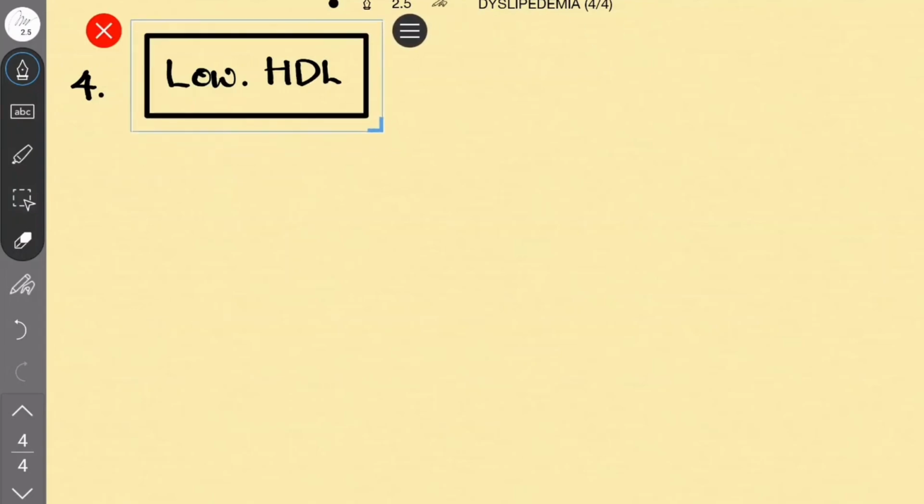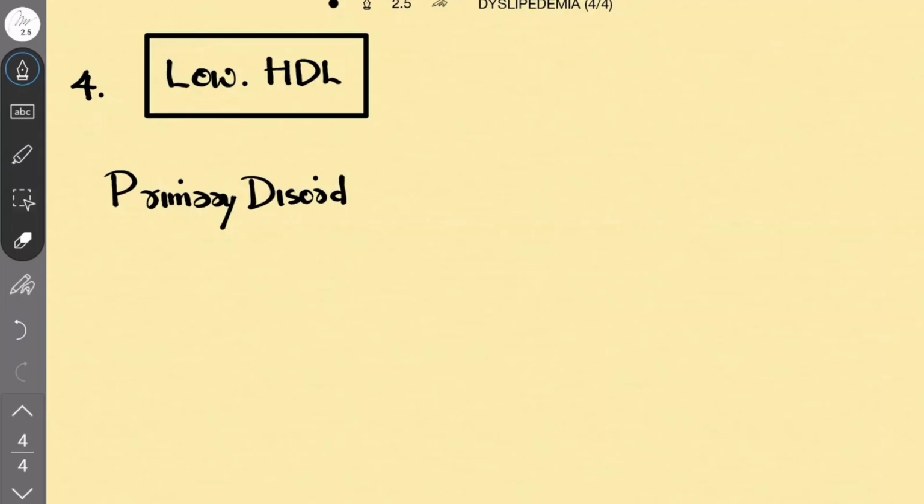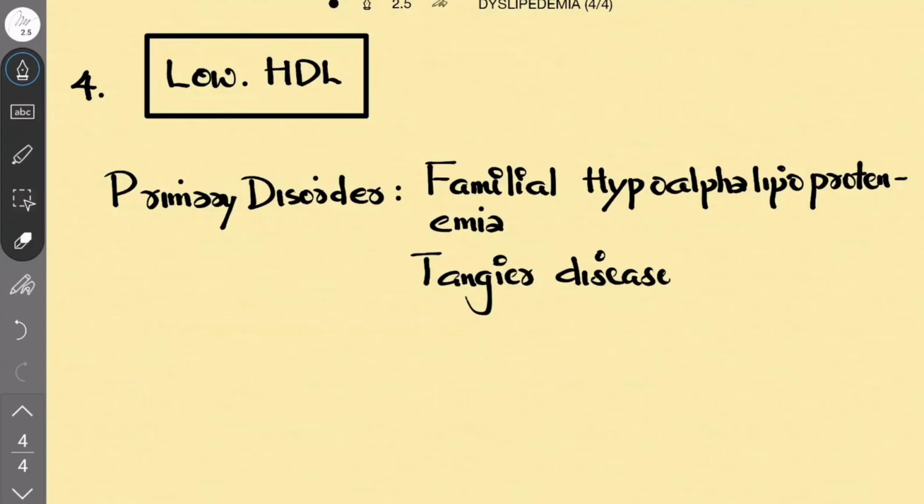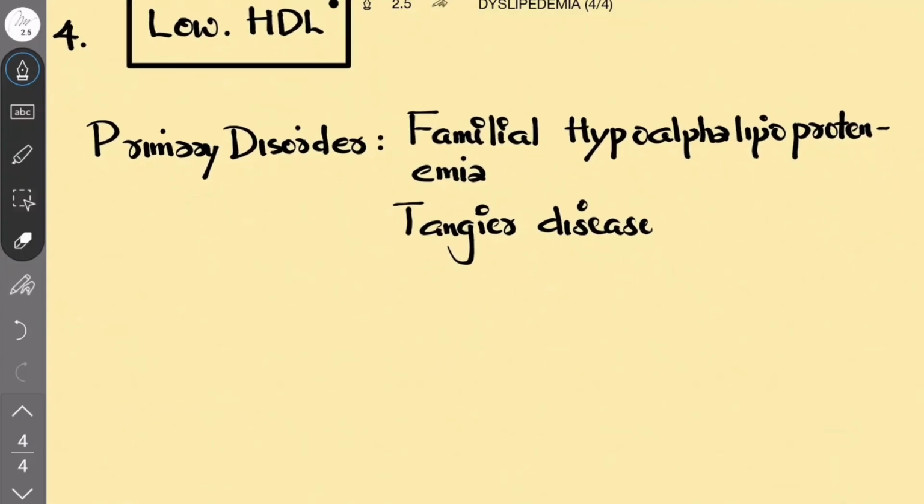In low HDL, the primary disorders are familial hypoalphalipoproteinemia and Tangier disease.